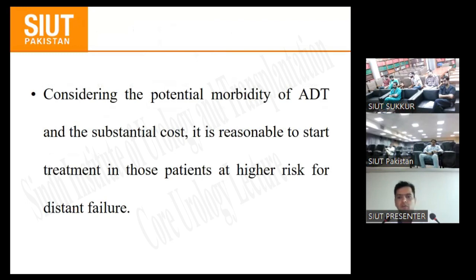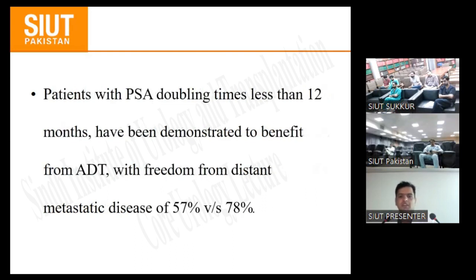Considering the potential morbidity of androgen deprivation therapy and the substantial cost, it is reasonable to start treatment in those patients at higher risk for distant failure. Patients with PSA doubling time less than 12 months have been demonstrated to benefit from androgen deprivation therapy, with freedom from distant metastatic disease of 57% to 78%.